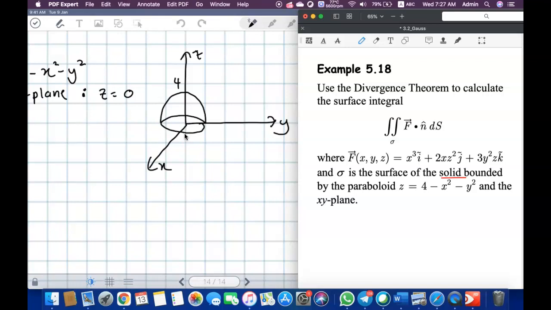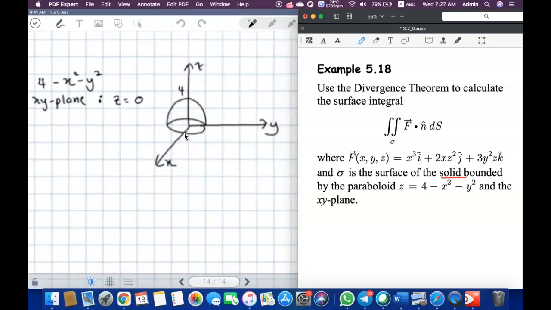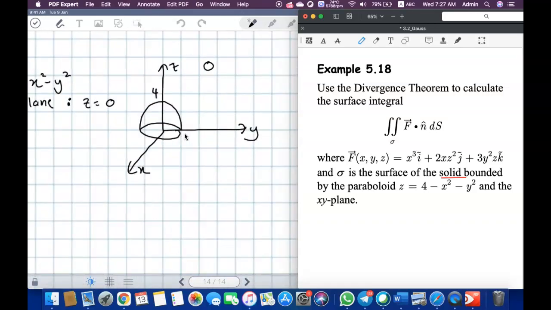So in order to check that, we have to see what happens when z equal to 0. So you let z equal to 0, so 4 minus x squared minus y squared, then you get x squared plus y squared equal to 4. Then on the floor we have a circle with radius 2.